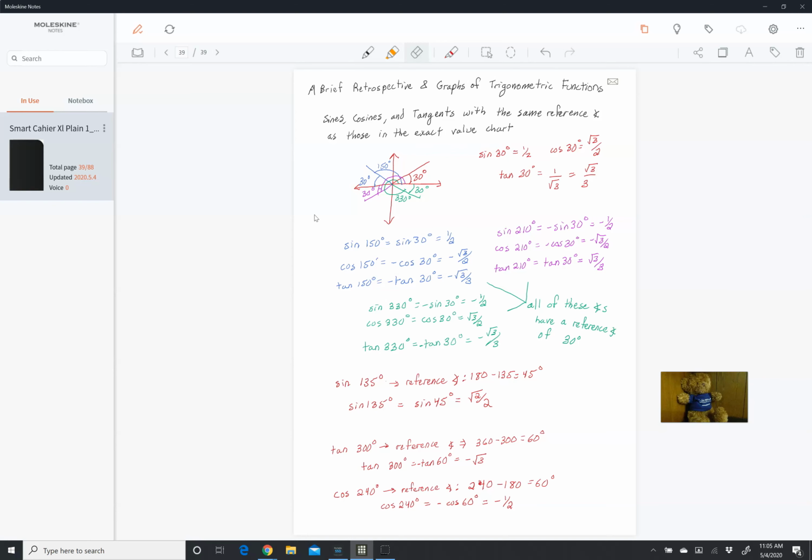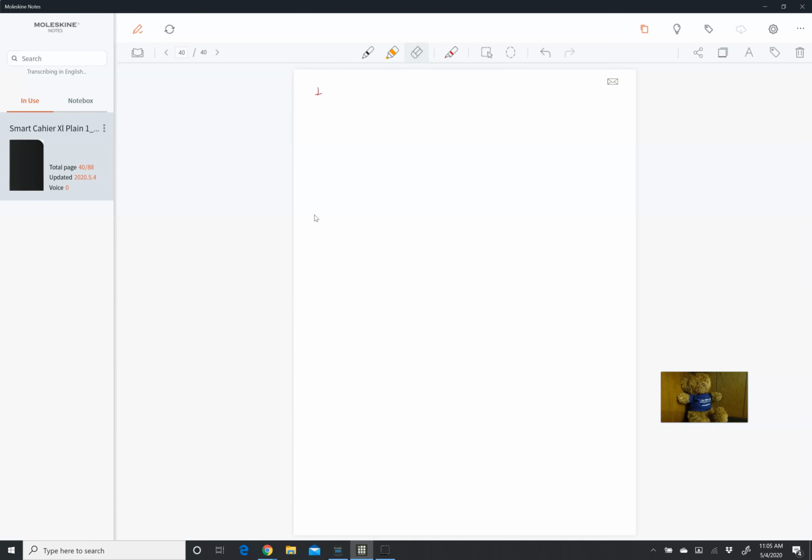Let's say that we know sine of theta is equal to 3/5 and it terminates in quadrant 4.